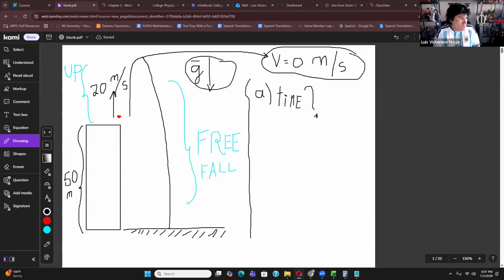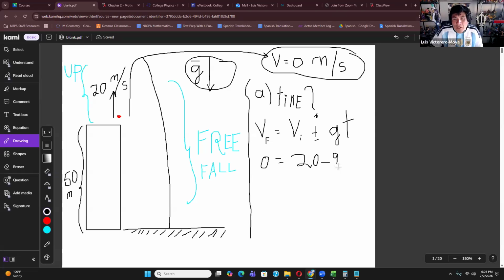For the time, no. For the time, you want to use, okay, so let's solve part B. V final equals V initial plus or minus gravity times time. Because the V final at the maximum height is 0, so 0 equals 20, since the object is losing speed, minus 9.8 times time.